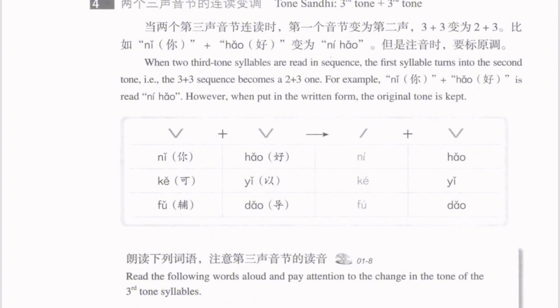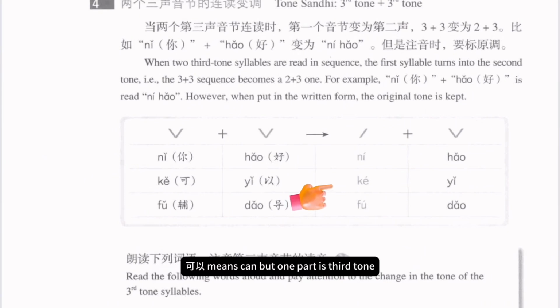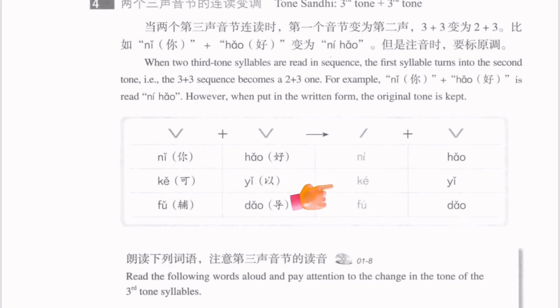Very good. 可以,可以 means can, but one part is third tone and the second part is also third tone. What do we do? Very good. The first third tone turns into a second tone and we leave the second third tone the way it is. 可以,可以.